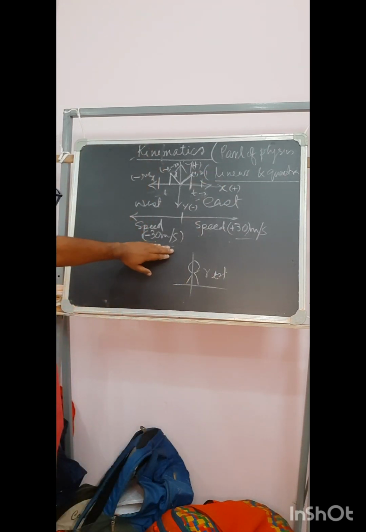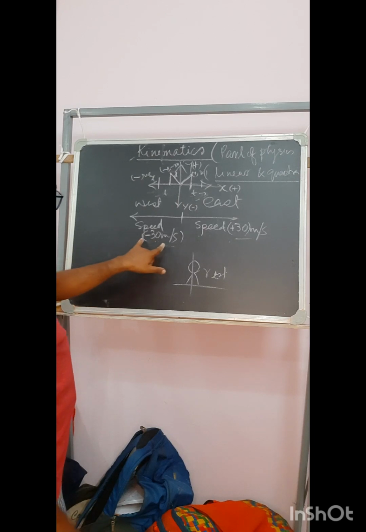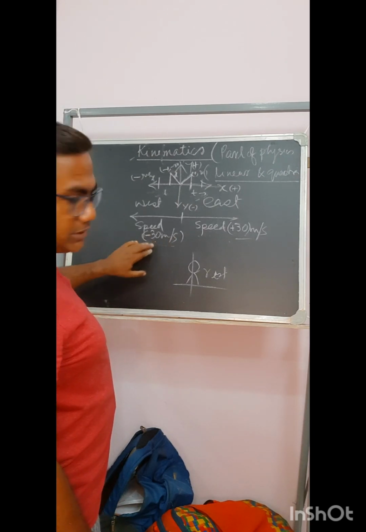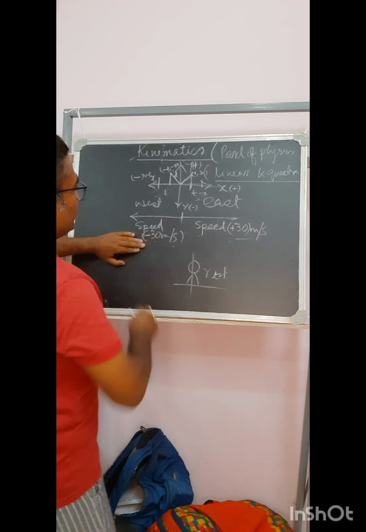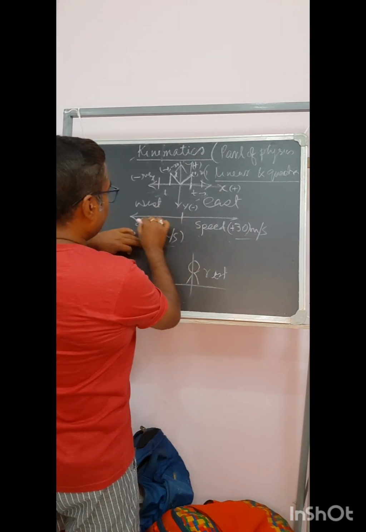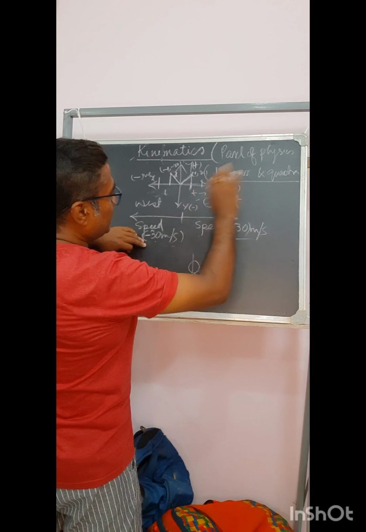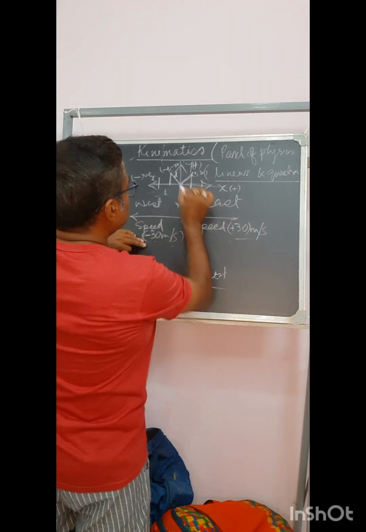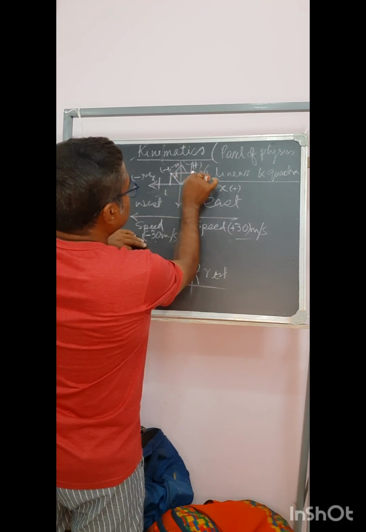Now see the direction. So I cannot say it as the same sign, because after an hour, if I have to calculate the relative position between these two, because these are moving apart, this would be the distance.